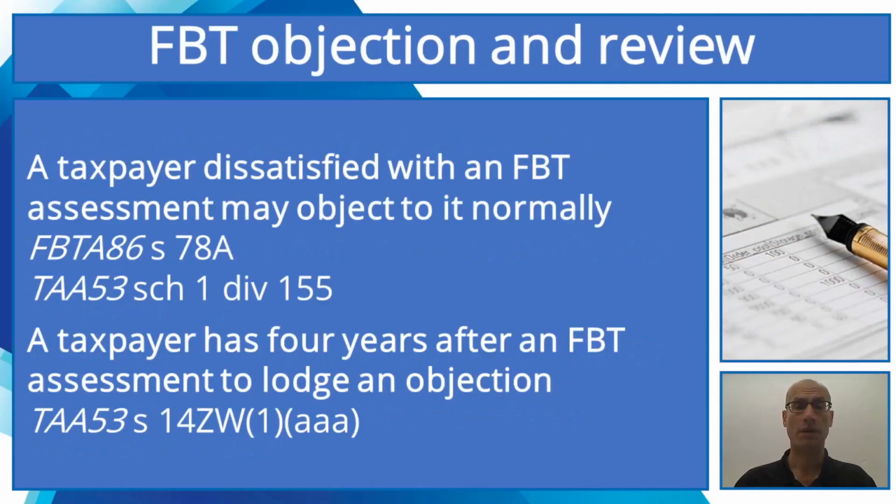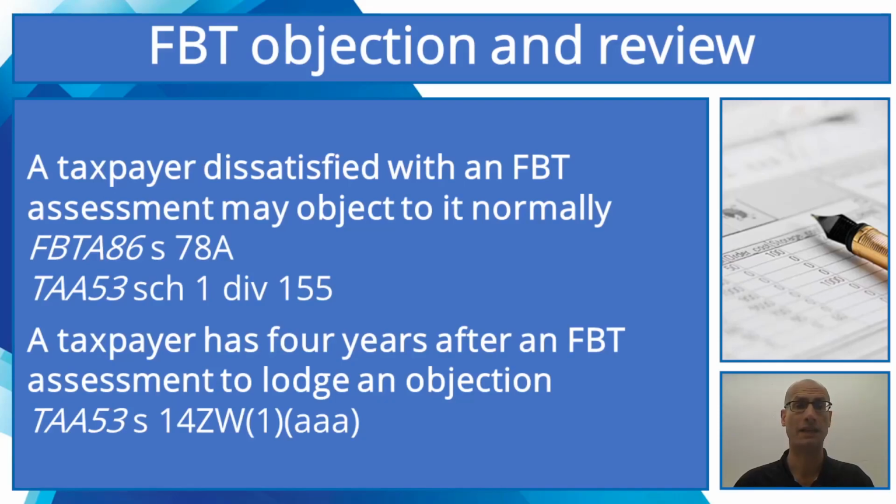In a similar vein to other areas of tax, where an assessment has been made by the Commissioner that a taxpayer is dissatisfied with, that taxpayer can lodge an objection. That's the first step of seeking to change a particular assessment in some way.